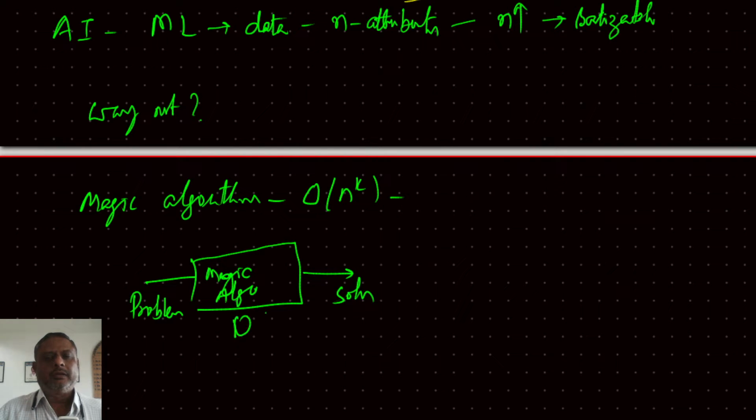in polynomial time. So if you assume that such a thing exists, we are not sure whether such a thing exists or not, but assume that a solution is somehow made available to you, then one thing we can do is just verify whether the solution is correct or not.